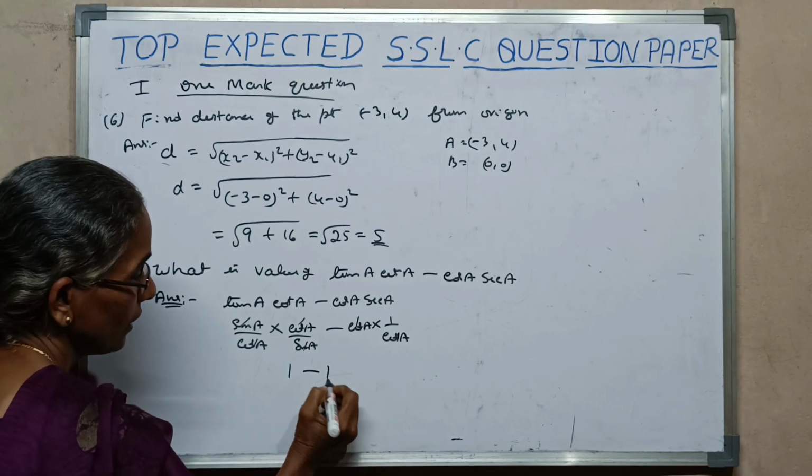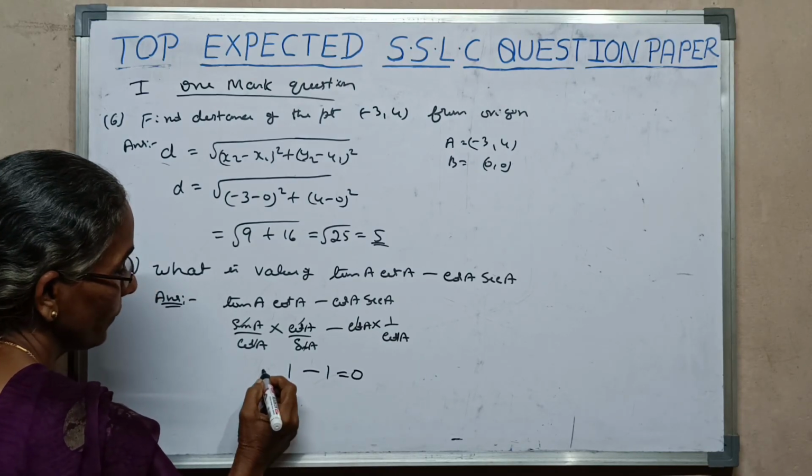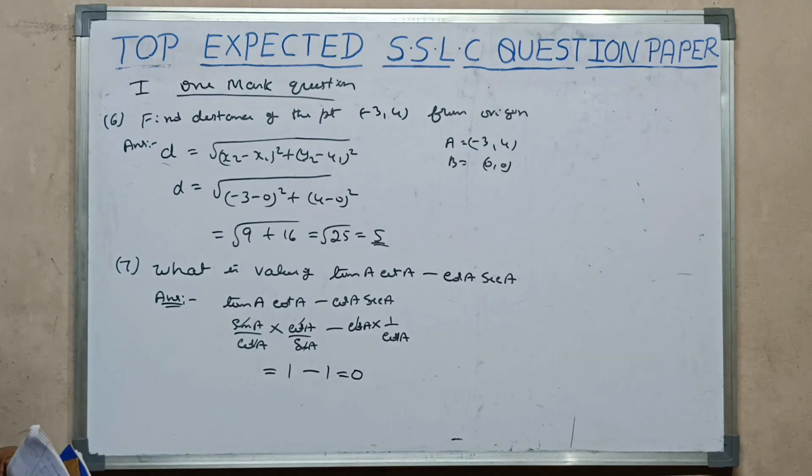Cos cancel. So 1 minus 1 is 0. So value of tan A cot A minus cos A secant A is 0.